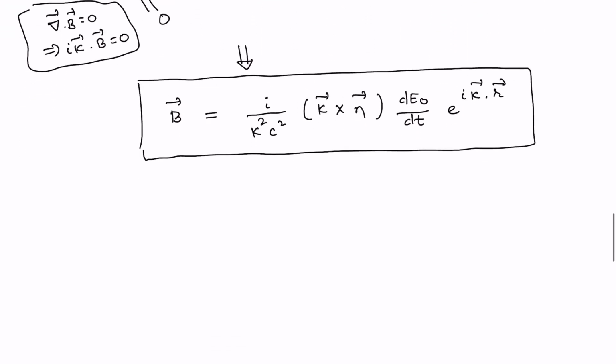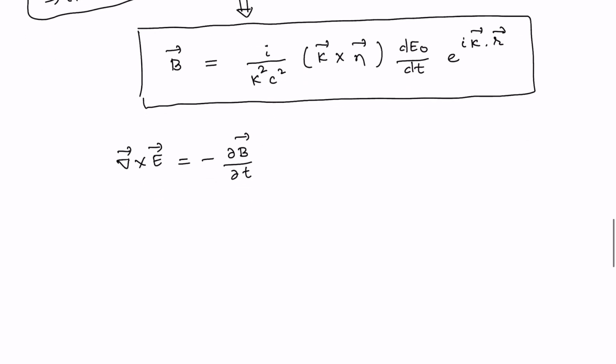Now again, curl of E is equal to minus del B del t. From here, if I do the mathematics, I can write i k cross E is equal to, with the B expression I already have, del B del t.